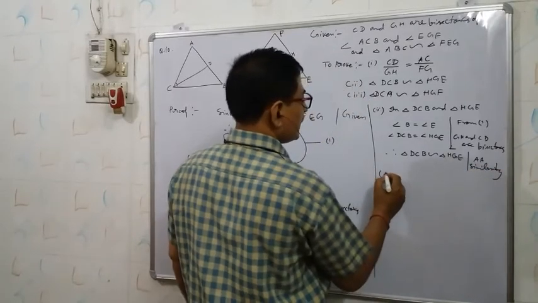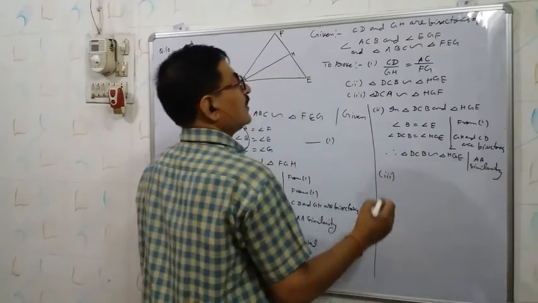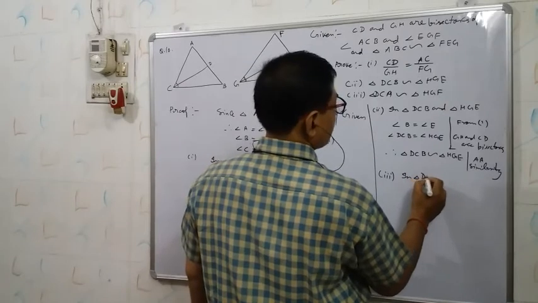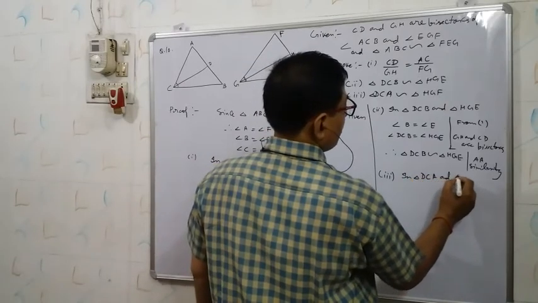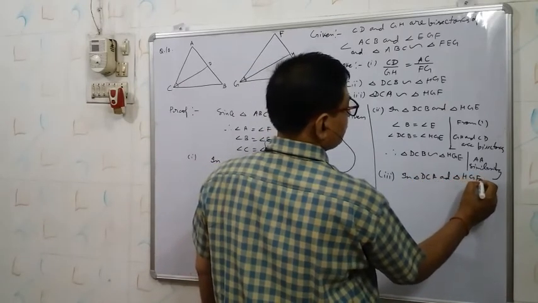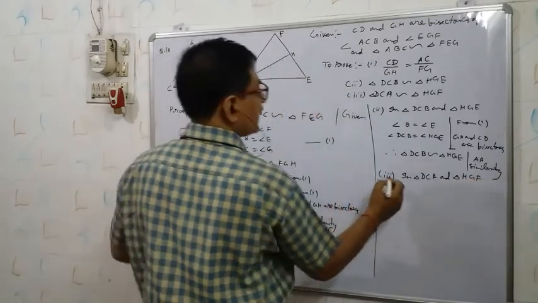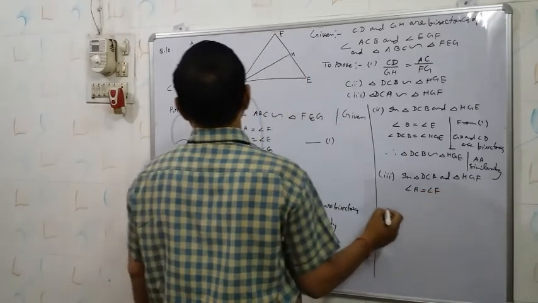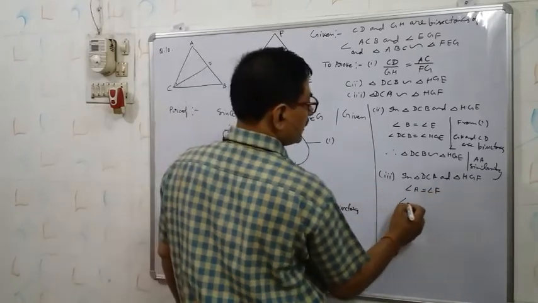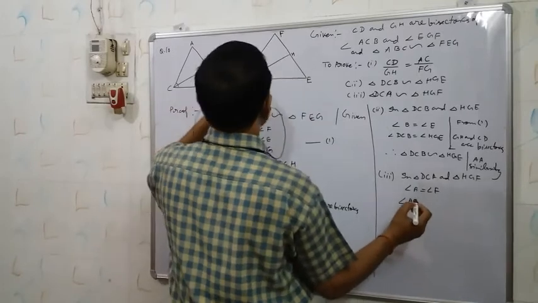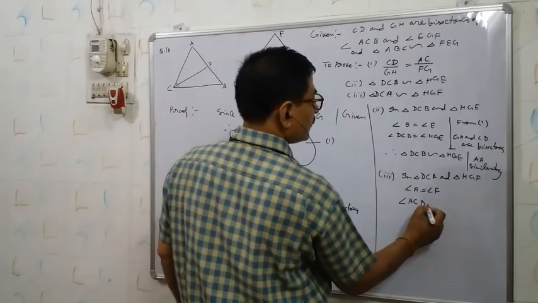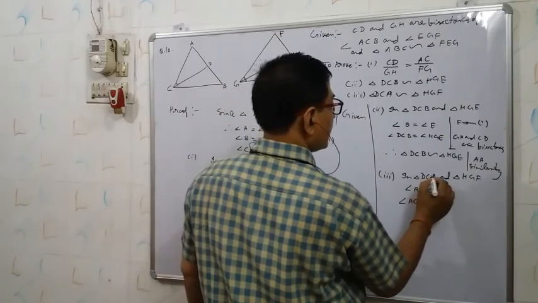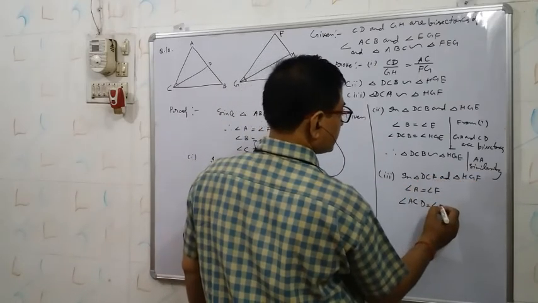Now the third part, the same way we will do. In triangle DCA and triangle HGF, angle A equals angle F, and angle ACD equals angle FGH, as we have already proved that half angle C equals half angle G. See that ACD equals FGH.